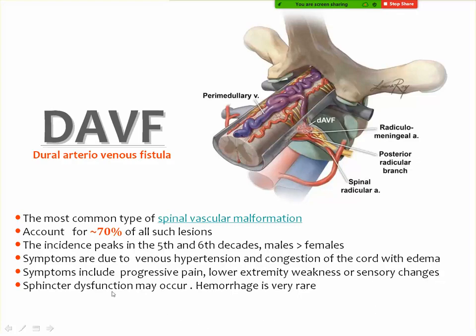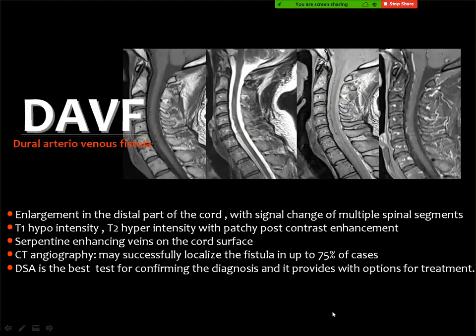What is very important, and you may remember this if you hear by phone that the patient is suffering from sphincteric dysfunction, then put in your mind that dural arteriovenous fistula is one of the possibilities, because many times this fistula may be overlooked, and you are looking for some disc lesions, some abnormalities in the cord parenchyma, fractures, or something like this, if there is a history of trauma.